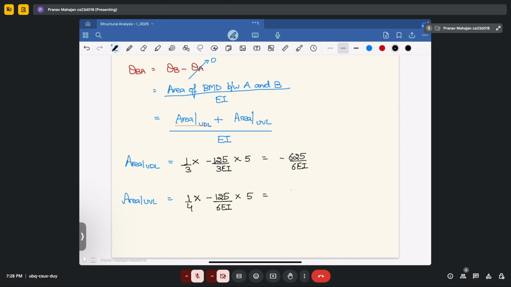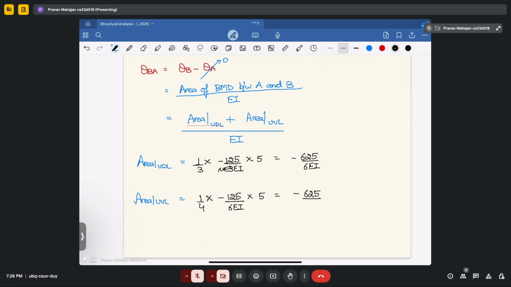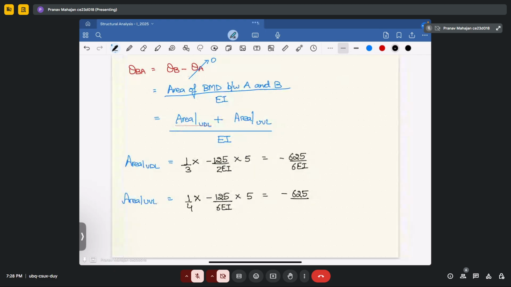And here it is coming out as minus 625 upon, here it is 2, no? Yeah, 2. 625 upon 24 EI.